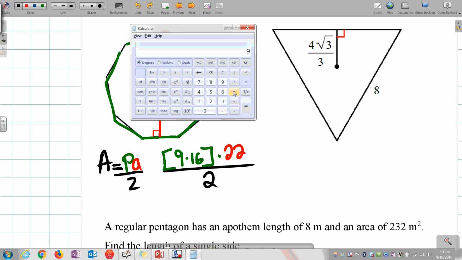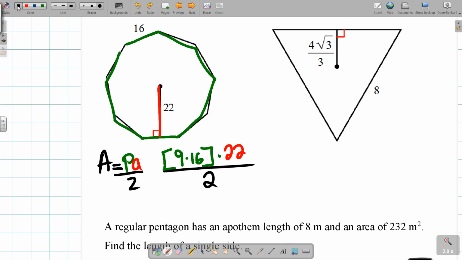So here we have 9 times 16 times 22 divided by 2. You should have gotten 1584. Check for units. No units, so you go unit squared. There is your area.